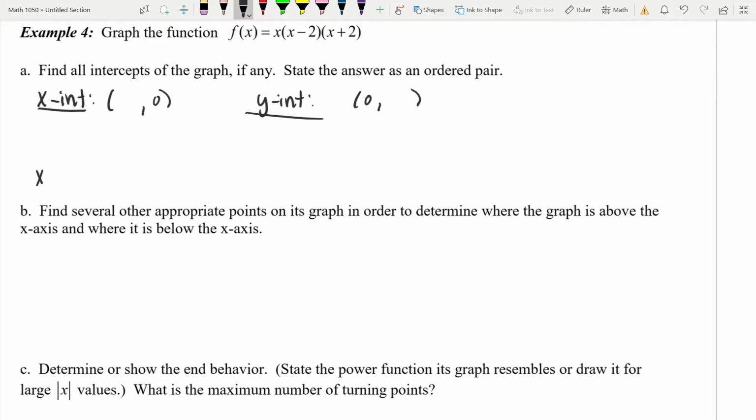So everybody go x times x minus 2 times x plus 2 gives me a 0. I can tell I'm going to have 3 x-intercepts. One here, one here, one here. So I get x equals 0, 2, and negative 2. So it's going to be 0, 0, 2, 0, and negative 2, 0.